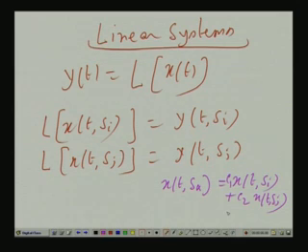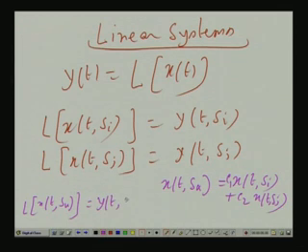Now, if it is linear, then L working on this would generate y t comma s k, the waveform for y for the same outcome s k.